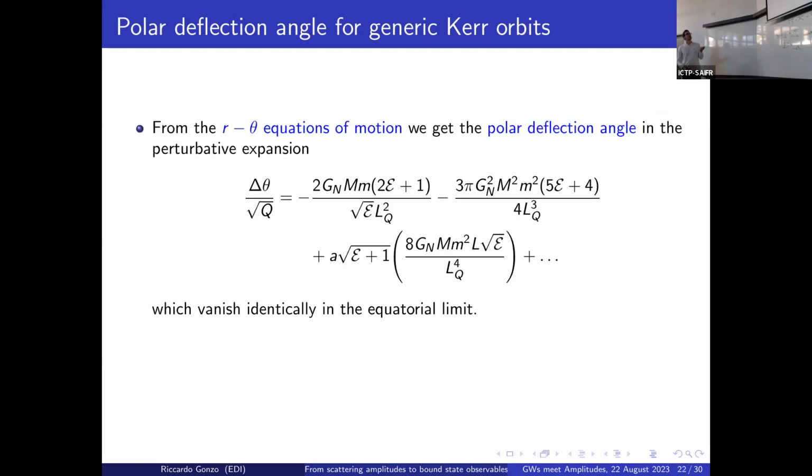All right. You can also derive the polar deflection angle. One may ask, why don't you consider one single angle, because you have one Kerr black hole at the origin and a particle. I can just take a dot product, for example, define some dot product of P in and P out, and that's one angle. So that's not two angles.